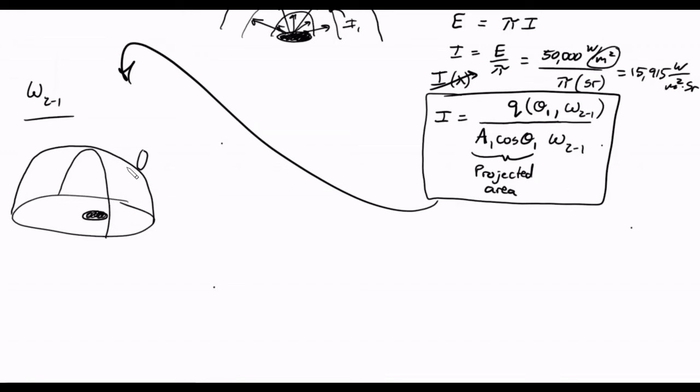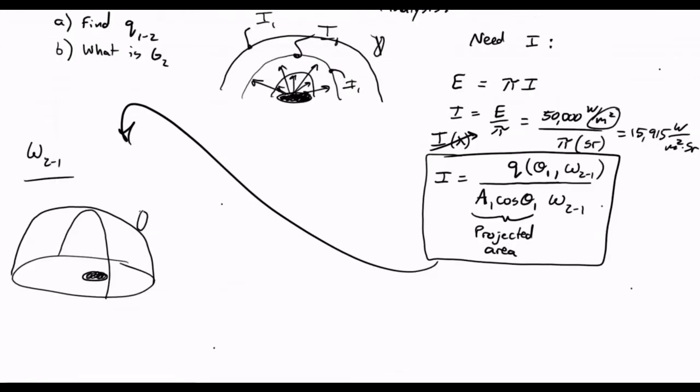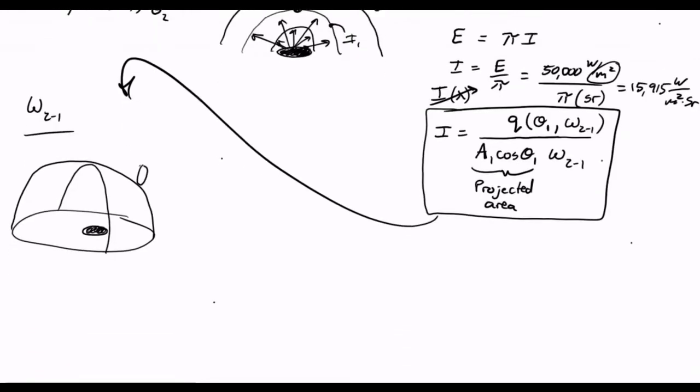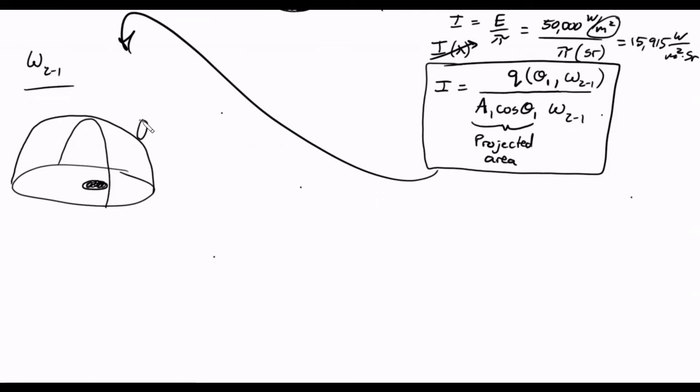Okay, so in order to do that, we actually need to look at the projected area, because you see, if you were standing right here and if you looked at this circle, I haven't drawn it very well, but you wouldn't really see a circle, right? You would see a circle but kind of tilted away from you. What you would see is the shape projected onto the hemisphere where you're looking.